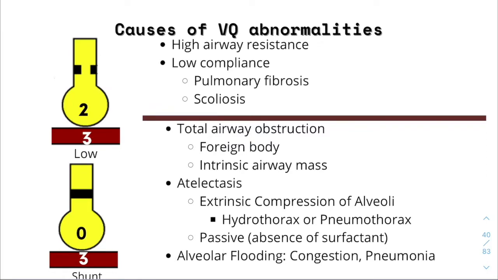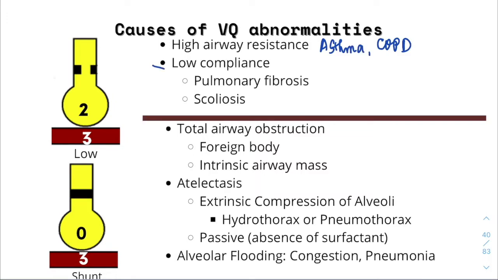Again, we mentioned if there is high airway resistance. What conditions can lead to high airway resistance? Patients with asthma or COPD could lead to a low ventilation, so causing a low VQ. 2/3 is lesser than 1.